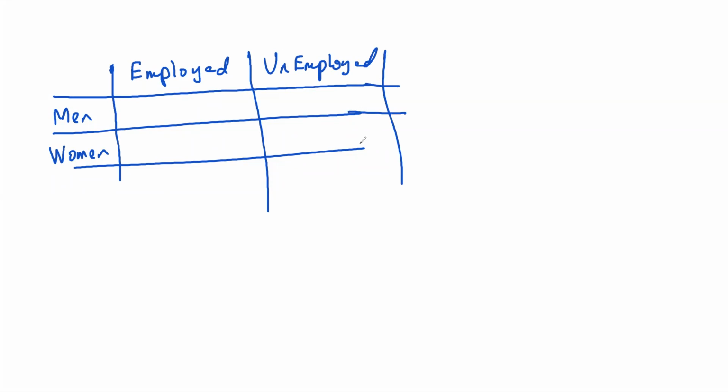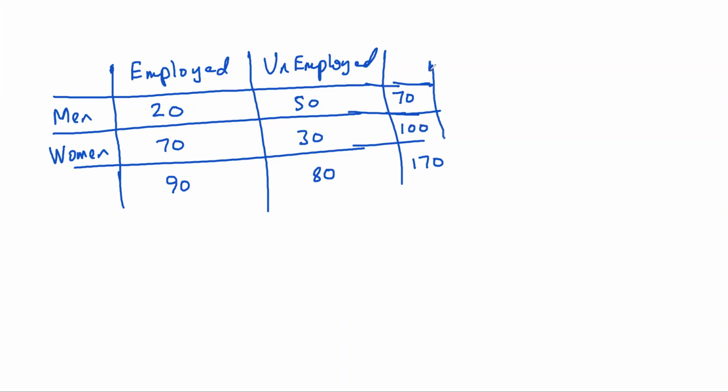Now, suppose there are 20 employed men, there are 50 unemployed men. There are 70 employed women, there are 30 unemployed women. And in total, there are 90 employed people, there are 80 unemployed people. Altogether they are 170. There are 70 men and there are 100 women. Okay, so this is the given information to you.